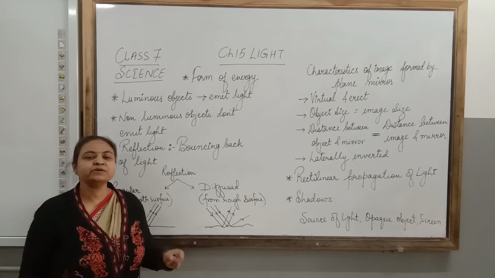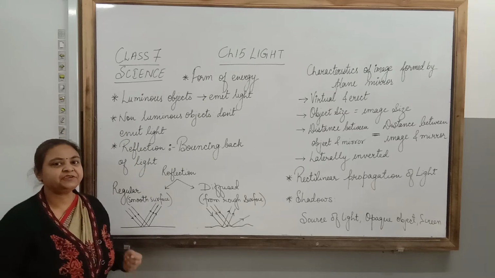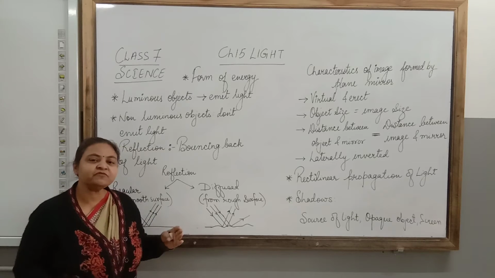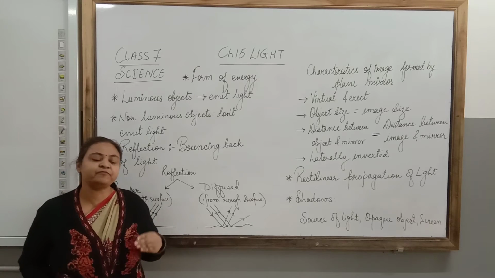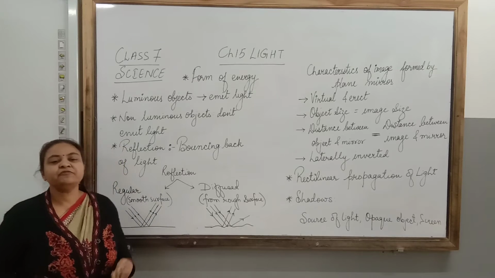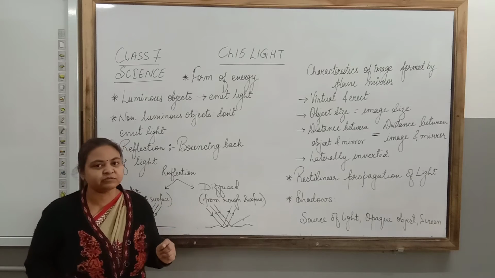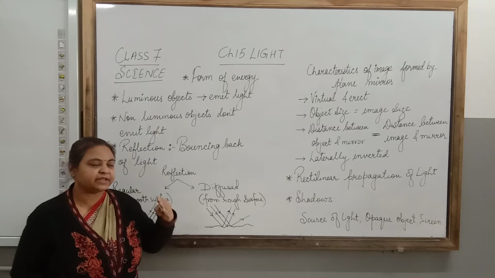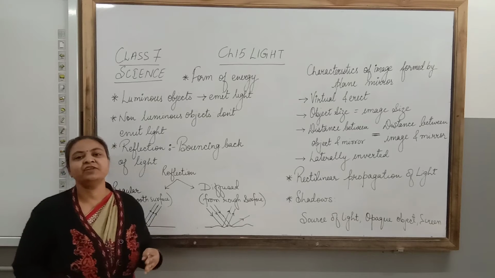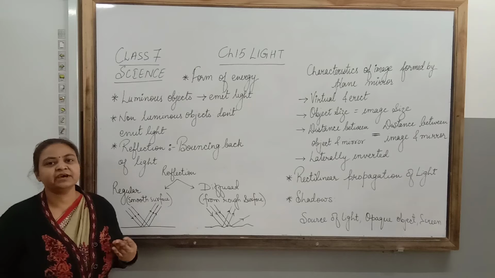We have also studied about rectilinear propagation of light. Light always travels in straight line. To prove this, we have studied the concept of shadows. When light is obstructed by any opaque object, that means when an opaque object is kept in the path of light, you can see a black patch on the other side.